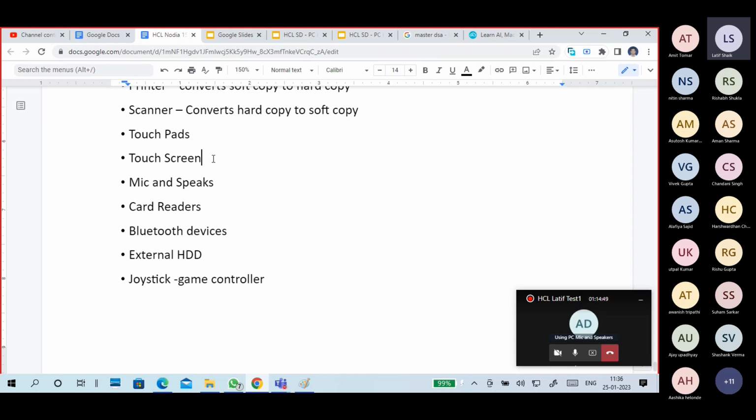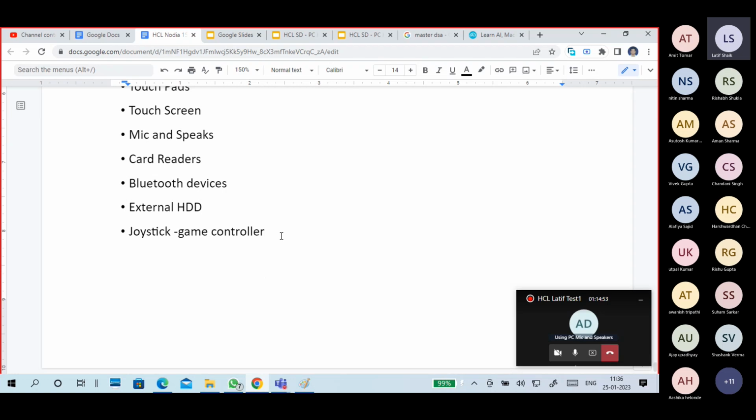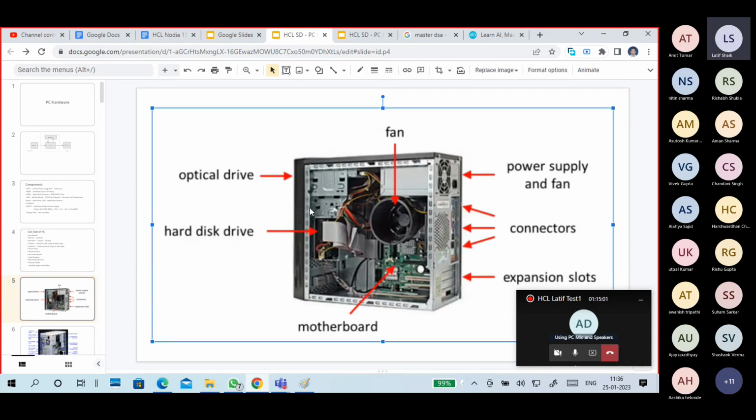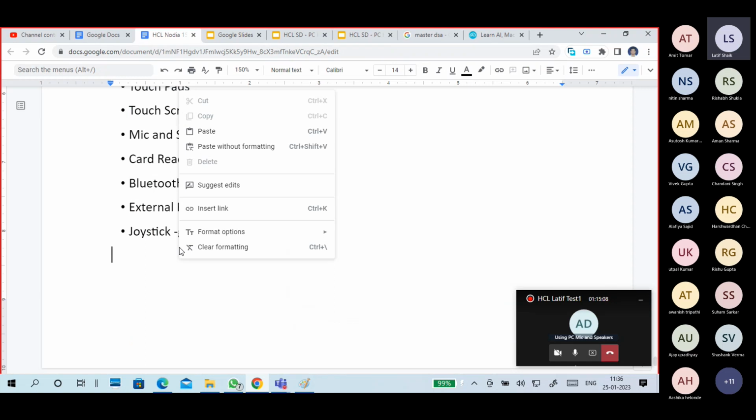So these are the Bluetooth devices, and external hard disks are outside of your cabinet. This is a cabinet, guys. If you want, I can copy it, but generally I don't put this thing here.